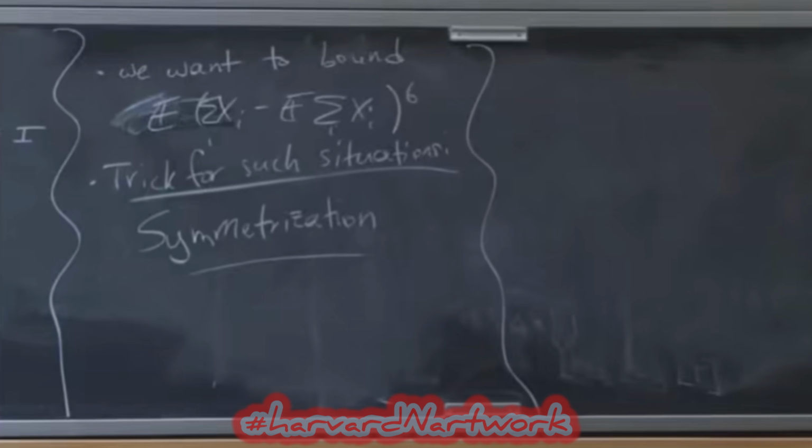So you get the same thing. This is the same number. And then let's write this suggestively, I'm just rewriting where the x is. So this is the expectation over the x primes now of the sum over i of xi minus xi prime.